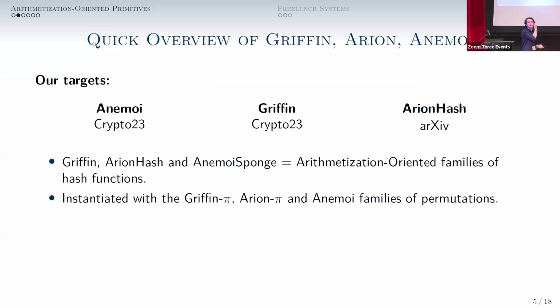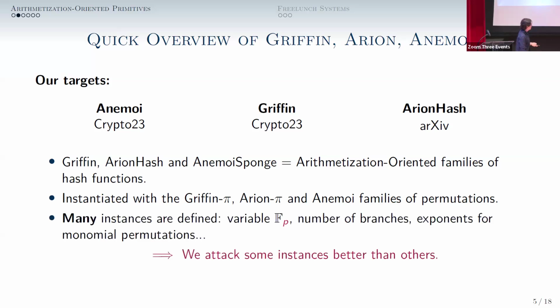Specifically, we looked at these three families of primitives, Anemoy, Griffin, and Arion. They are arithmetization-oriented families of sponge hash functions that are instantiated from the Griffin-π, Arion-π, and Anemoy families of public permutations. Something that I have to mention is that one feature of these designs is that they have many instances. So the base prime field is a variable.